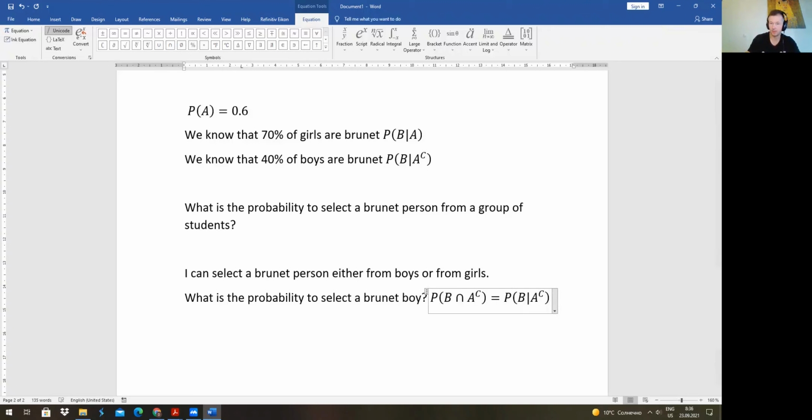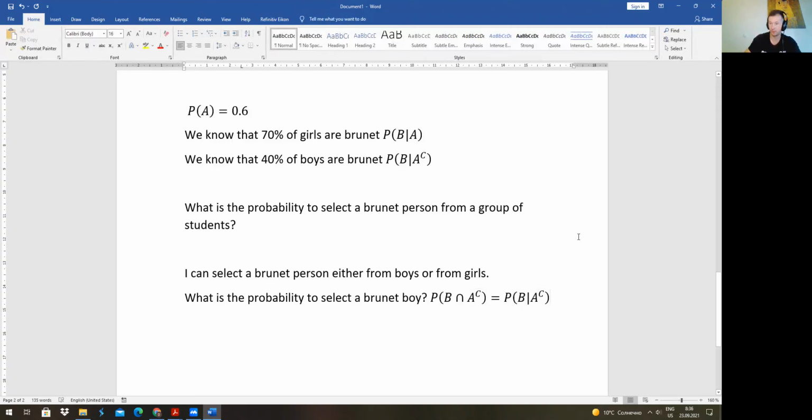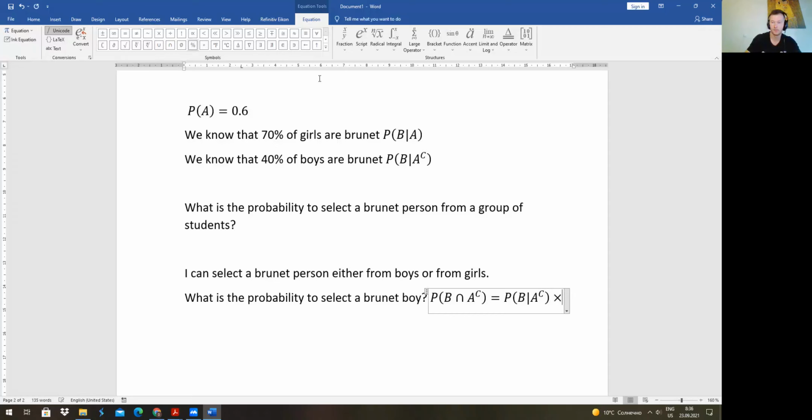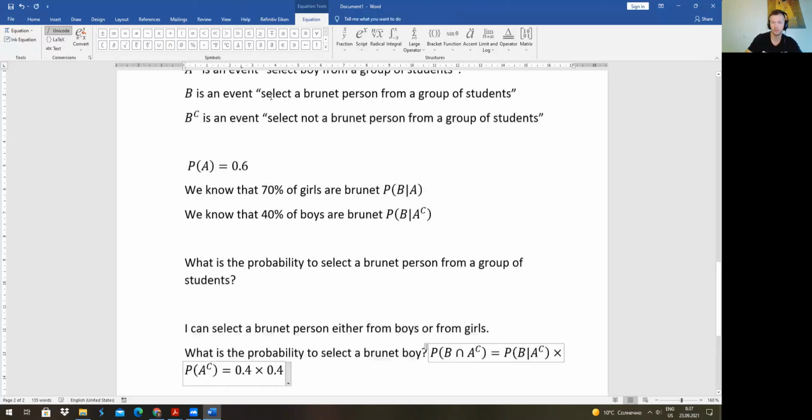From the multiplication law, we know that this is the probability of brunette given that this is a boy, multiplied by the probability that a person is a boy. So this is 0.4, 40% of boys are brunette, and the probability to draw a boy out of the group of students is also 0.4 from here.